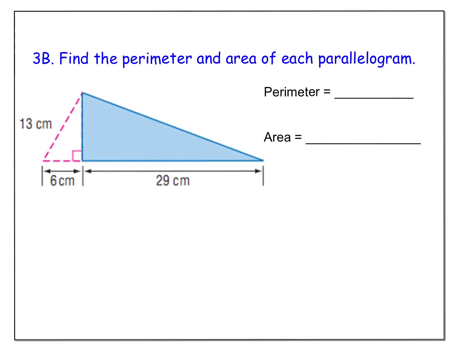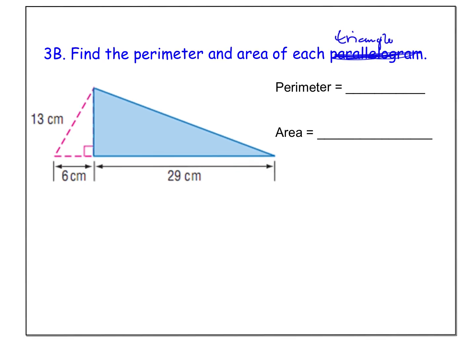Now, obvious mistake in the instructions. This is not a parallelogram. This is a triangle. So, 13 and 6. That's a right triangle. I need to figure out this side, so I'll call that b.